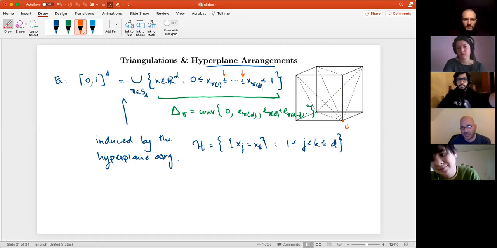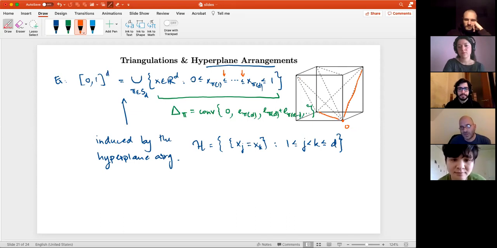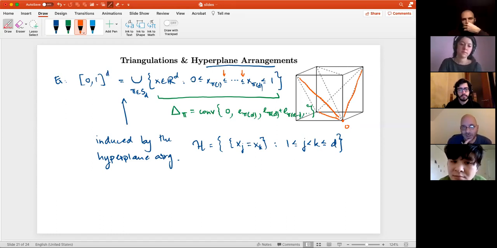Now you cut up the unit cube by the hyperplanes of the form x1 equals x2, x1 equals x3, x1 equals x2 equals x3, and if you're in higher dimension, so on. And this will produce this triangulation.